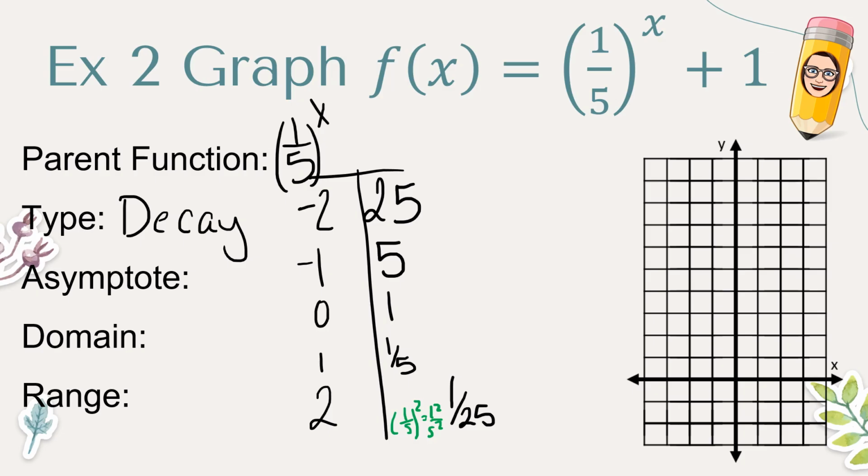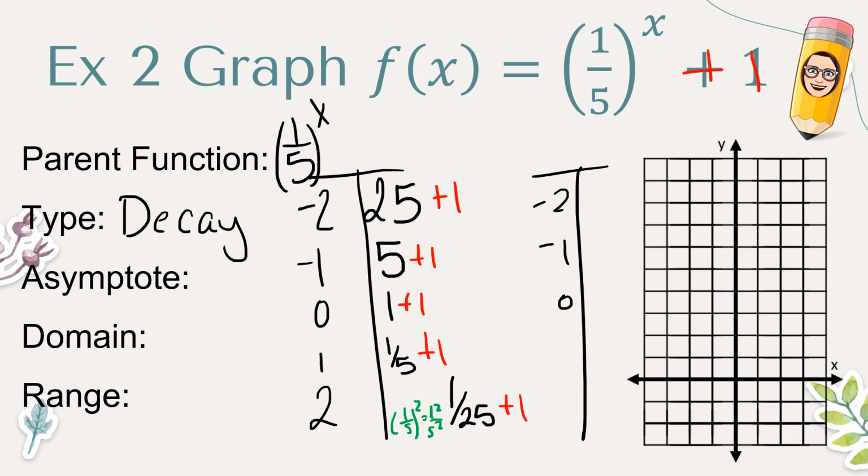All right, let's apply our transformations. I do not have an a value that I need to deal with. All I have is this +1 that is a vertical shift. So that's a +1 to my y values. Let's calculate our final table. 26, 6, 2, 1 1/5.